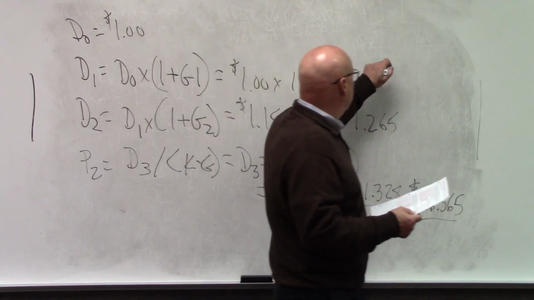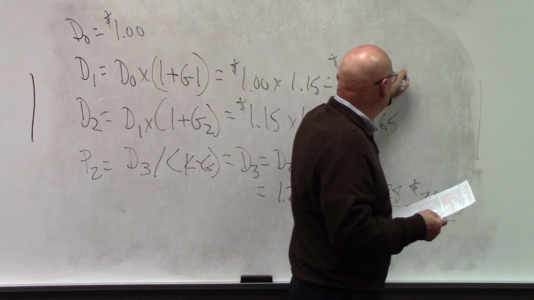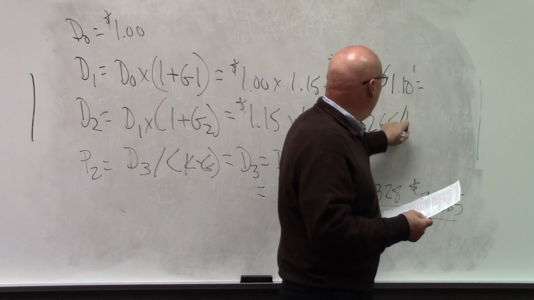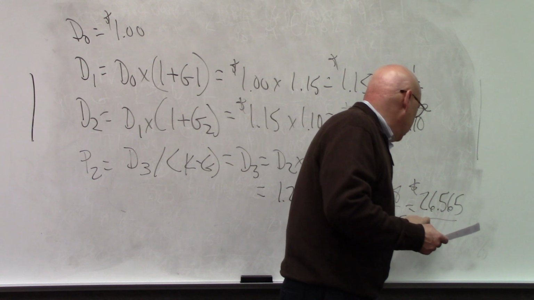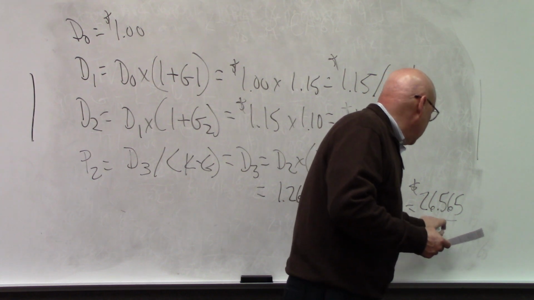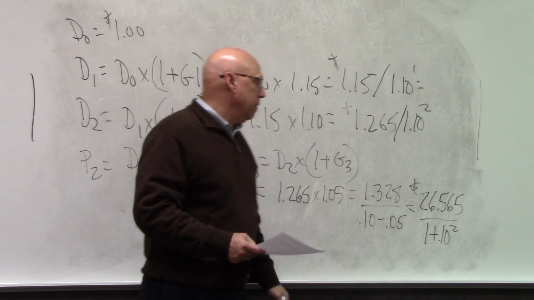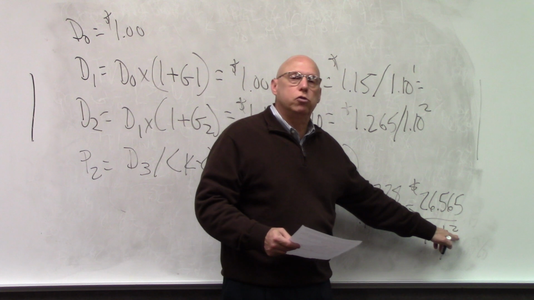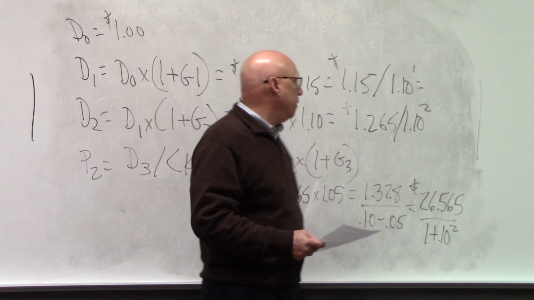So let's divide D1 by 1 plus K to the first, D2 by 1 plus K to the second, and P2 by 1 plus K to the second, not to the third. Yes, it's the third cash flow, but this isn't the number of cash flows. This is when the cash flow will be received, 2 periods out.